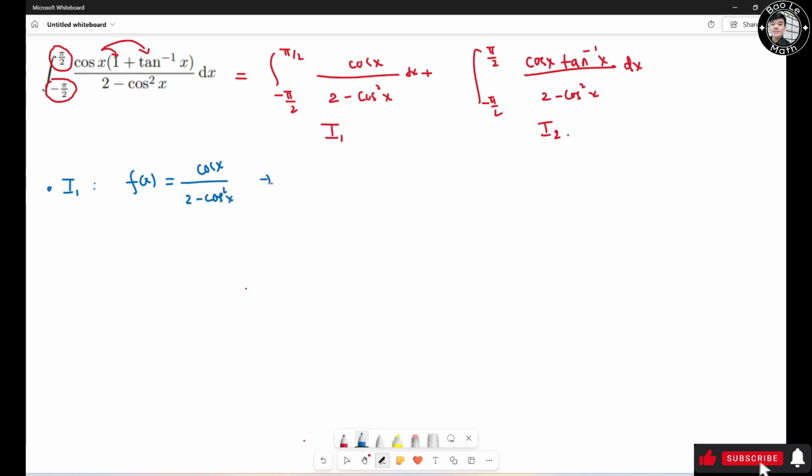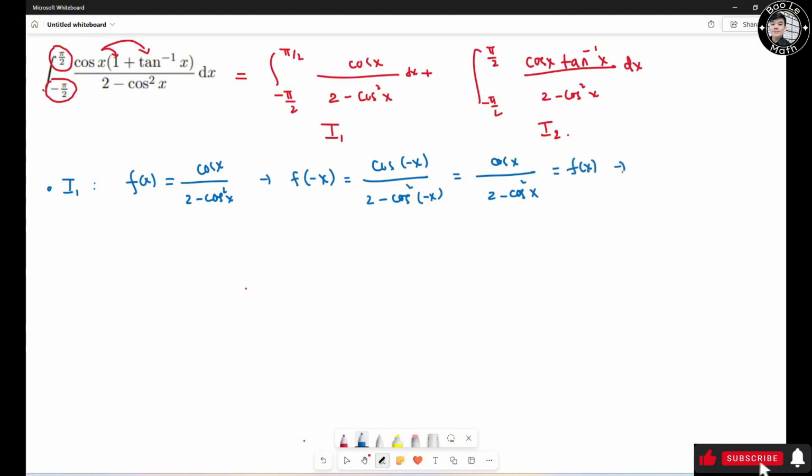Then I need to calculate f of negative s. It's cosine of negative s over (2 minus cosine square of negative s), and it turns out to be cosine s over (2 minus cosine square of s), which is f of s.